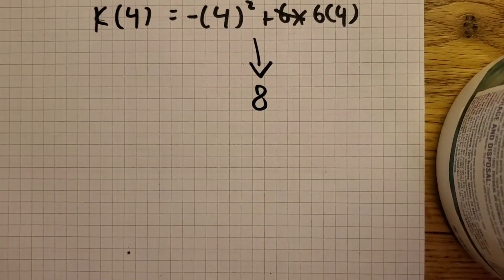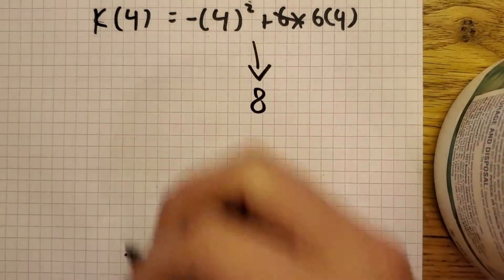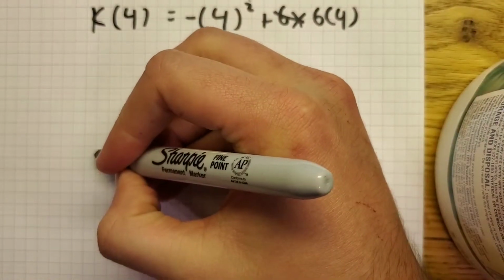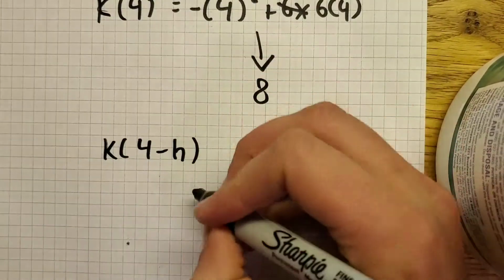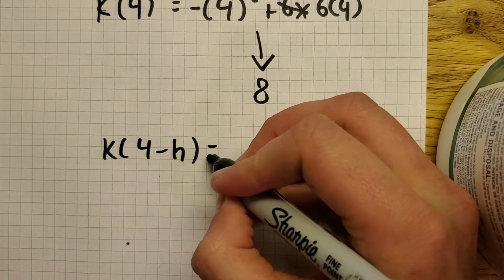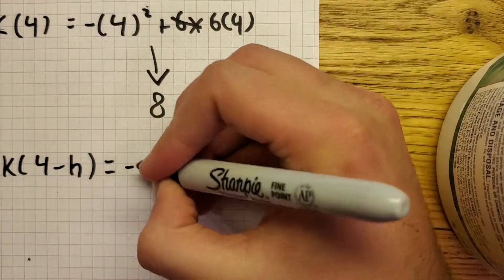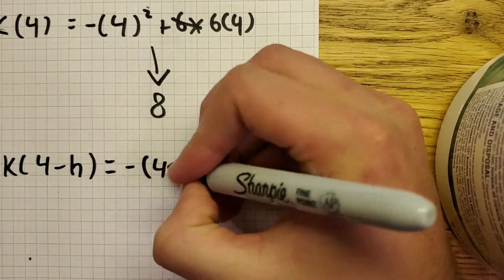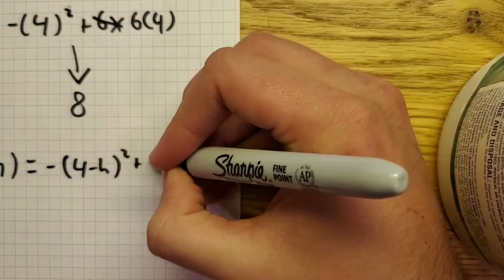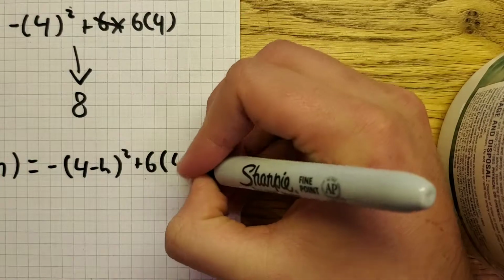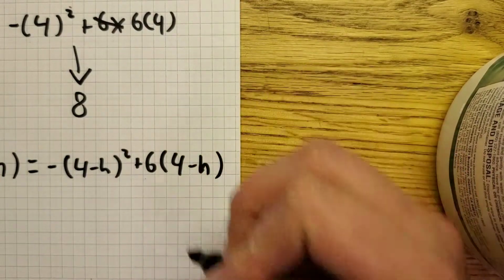And you go further down and you plug in k of 4 minus h equals negative 4 minus h squared plus 6 times 4 minus h.